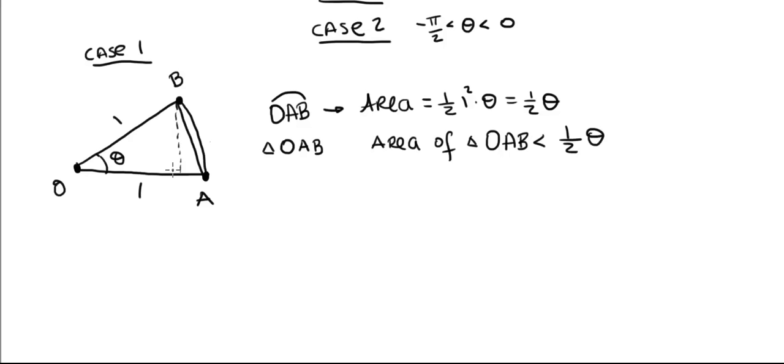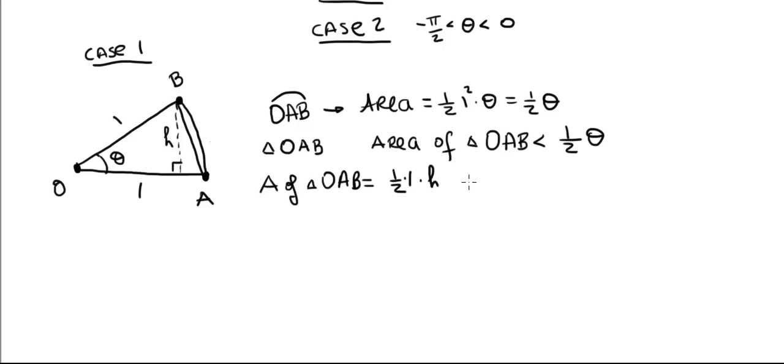I'm going to drop this perpendicular and call it little h. The area of triangle OAB is equal to 1/2 times the base. The base is side OA, which is 1, times the height, which I call h. But h is not the variable we want to work with because we're interested in the variable theta.